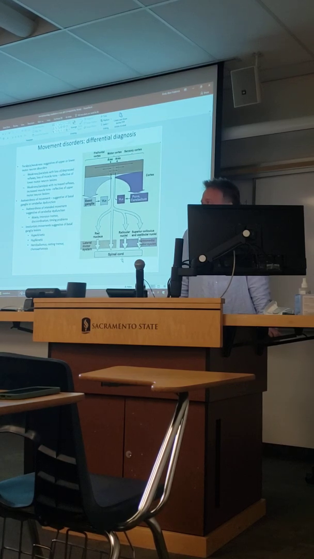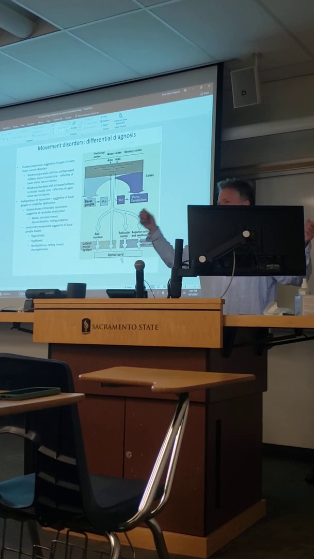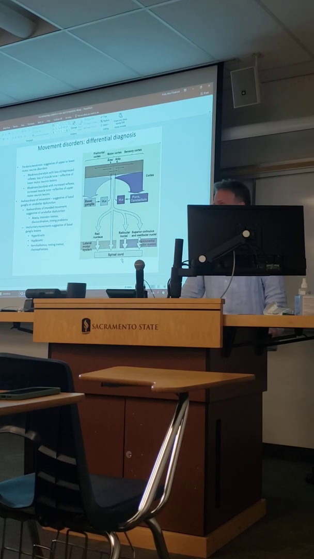You damage the corticospinal tract, you have problems with distal muscles in particular, and weakness, paralysis, and loss of fine movements. Okay. You also can see changes in reflex activity, which we talked about.